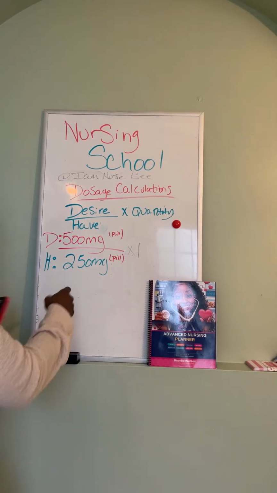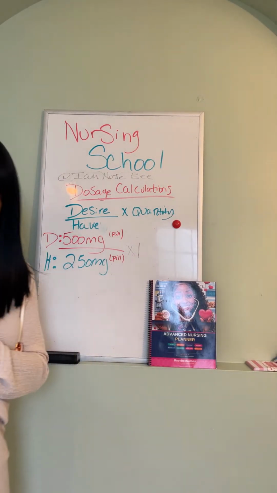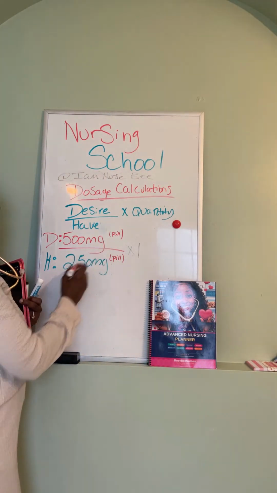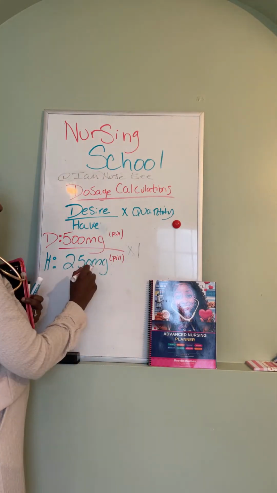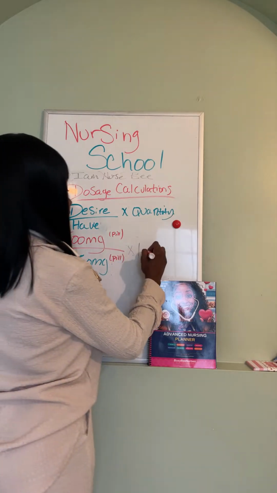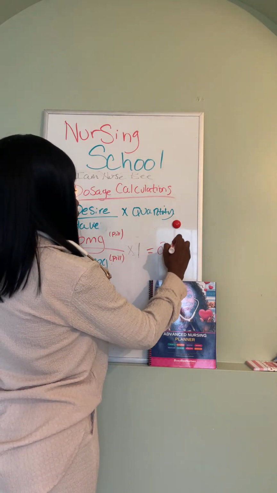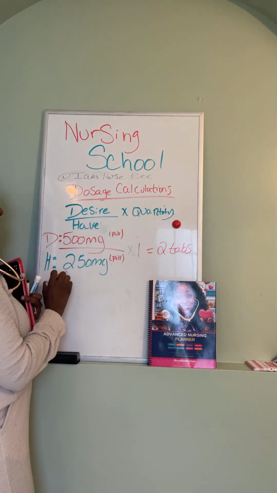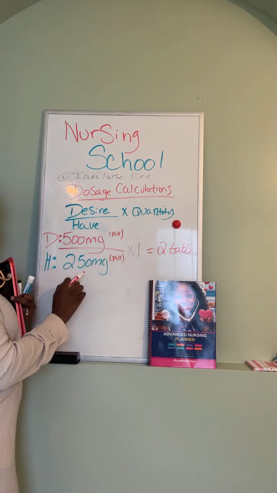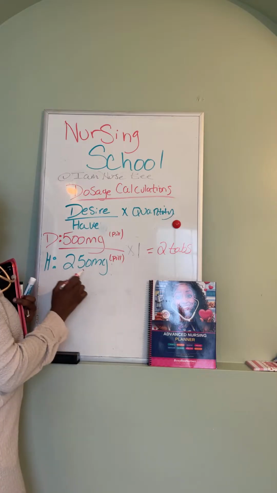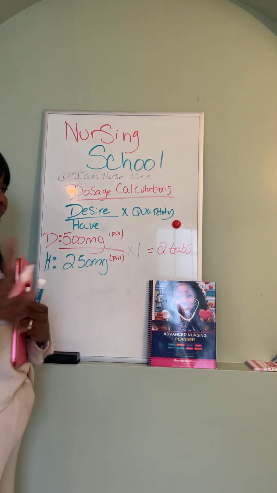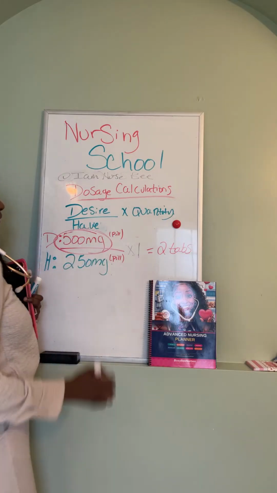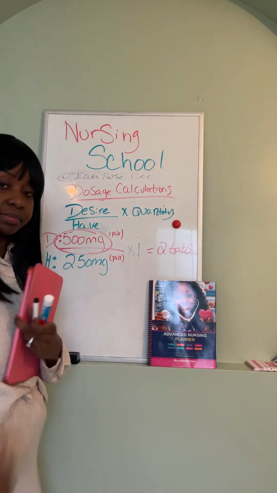All right. So the desired is 500. The have is 250. So we're going to give this patient 2 tablets, because we have 250 and that's what it comes in. If you give 2 tablets of 250, it's going to give you 500 milligrams.